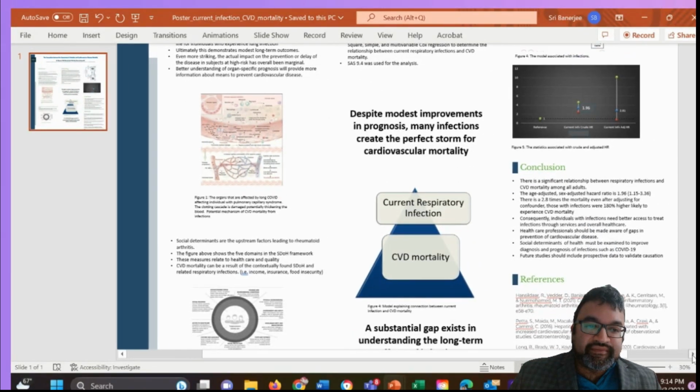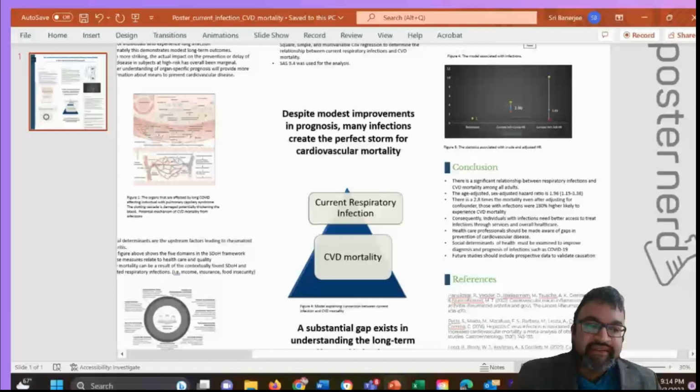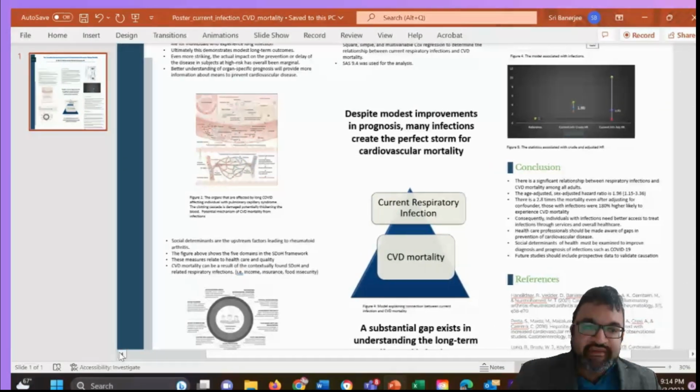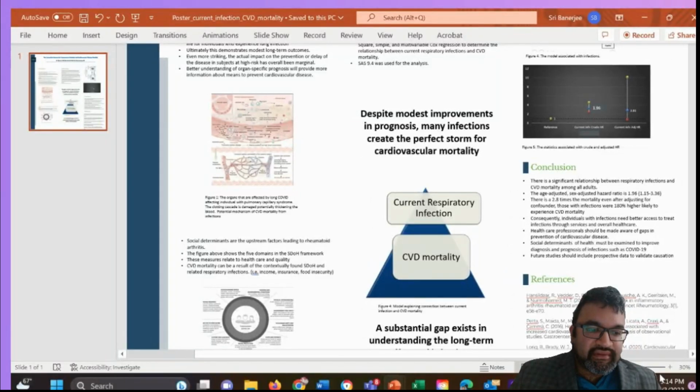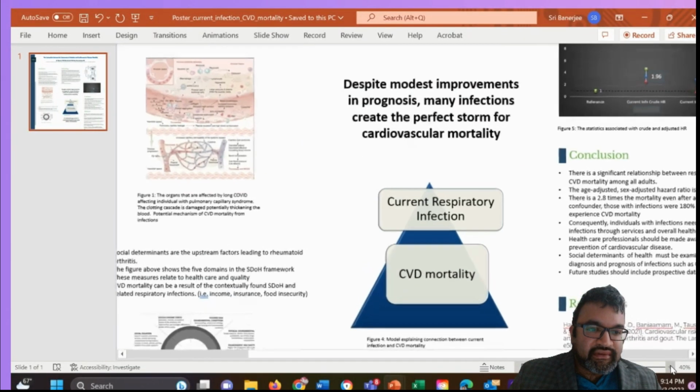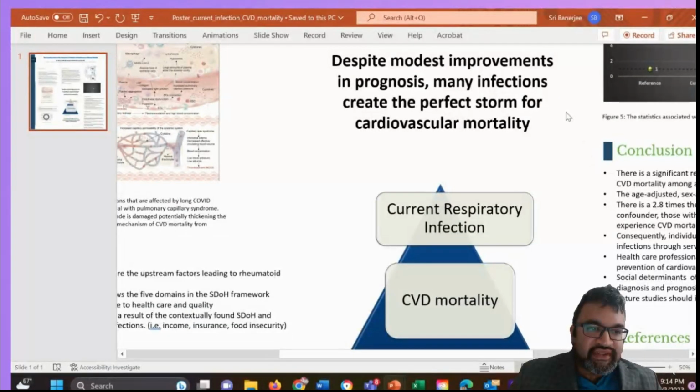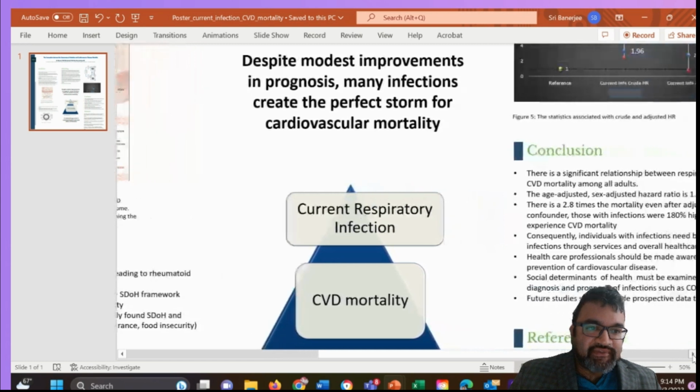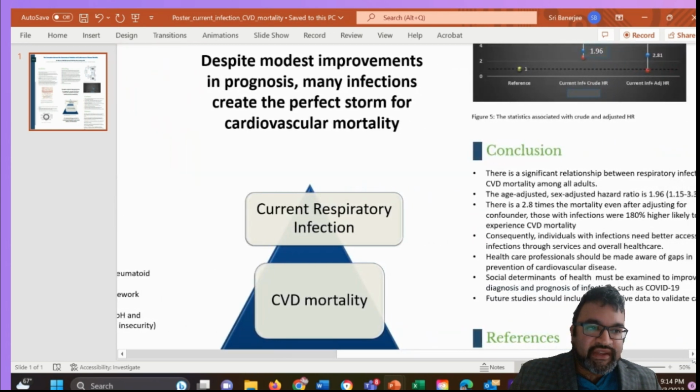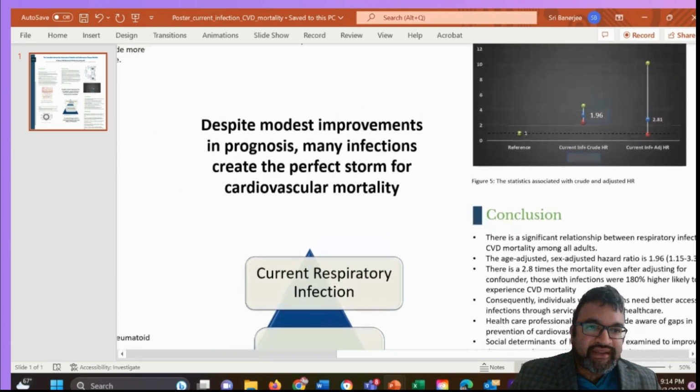So now looking at the outcomes and the results, and I'll point out one slight error here.